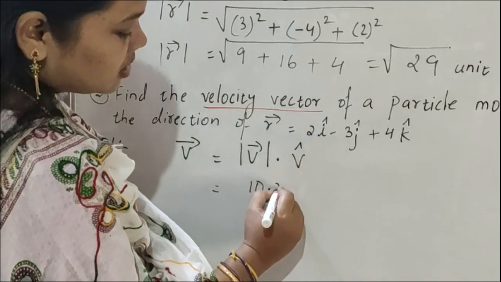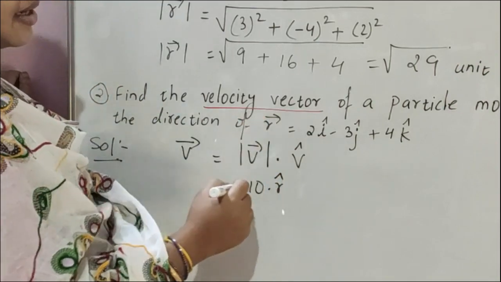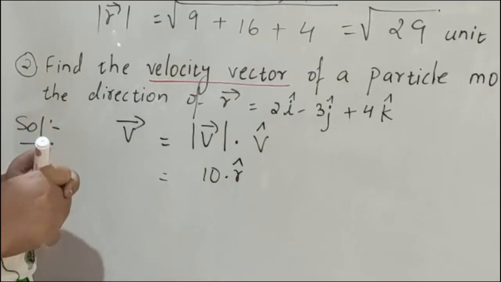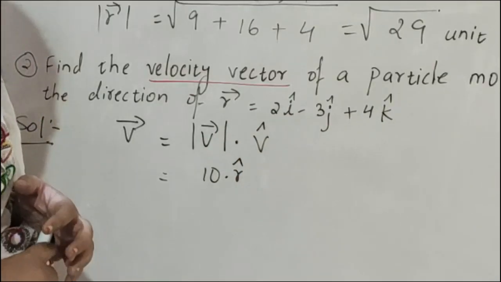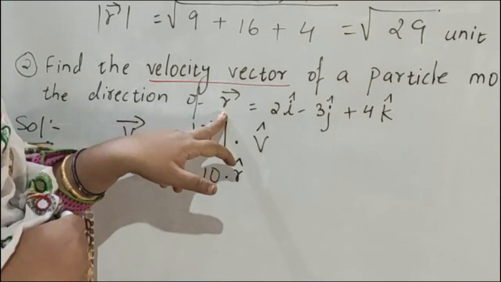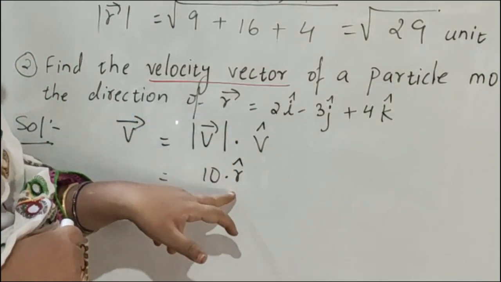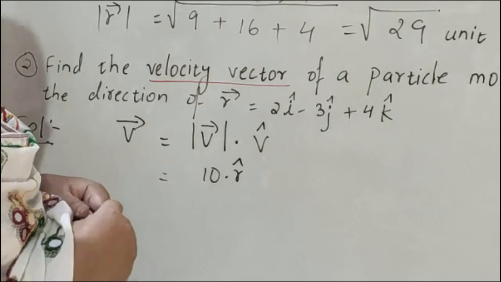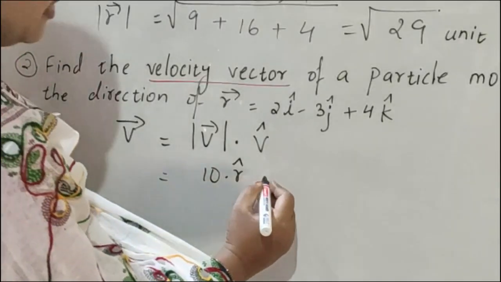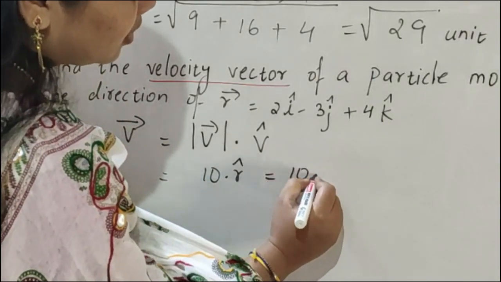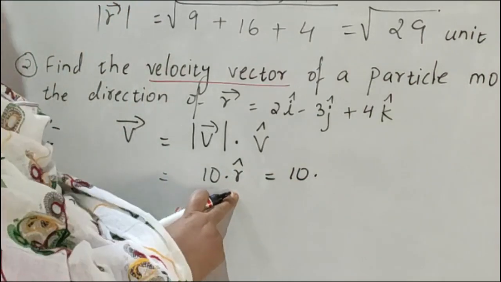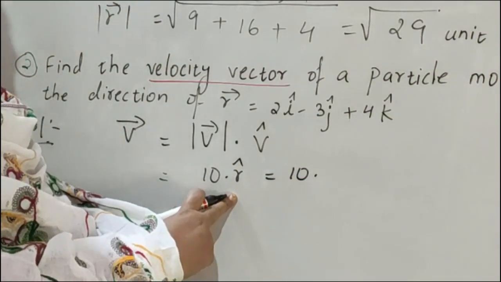This is r cap. The particle is moving in the direction of r vector. So r cap. Clear? So now we have to find 10 into r cap value.